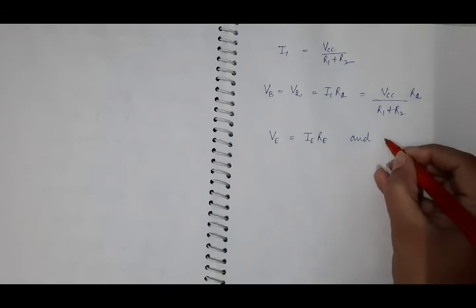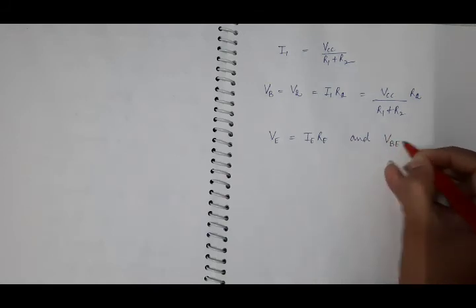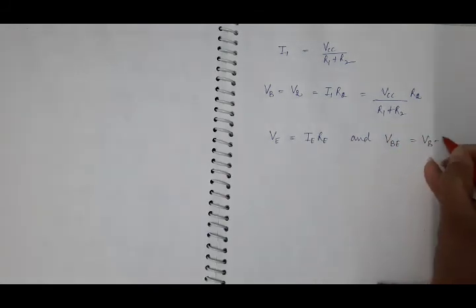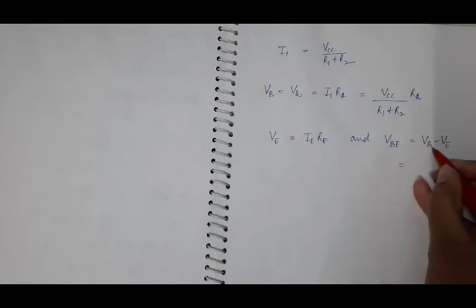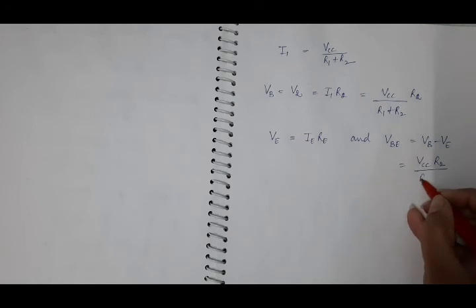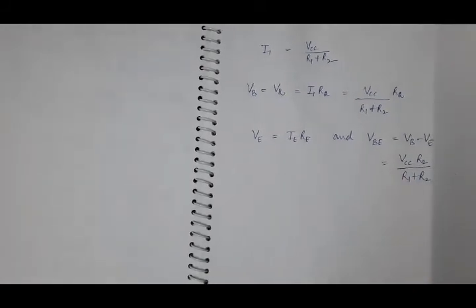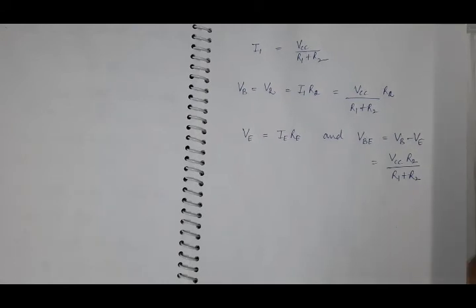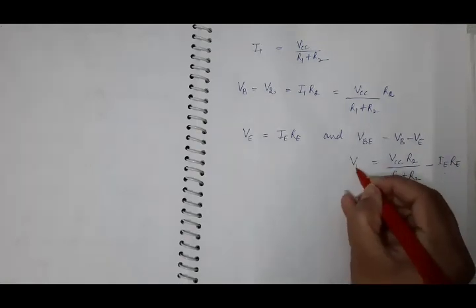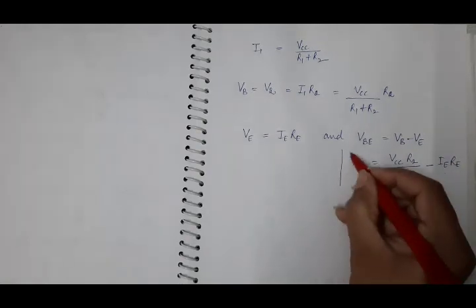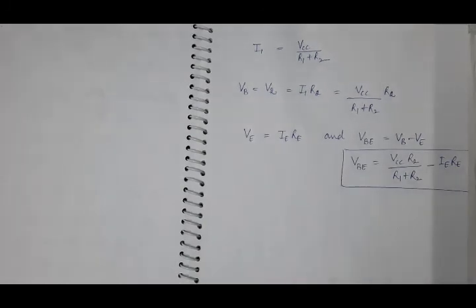To keep the base-emitter junction forward biased, we have VBE, which is VB minus VE. The value of VB is VCC R2 upon R1 plus R2, which will be adjusted by changing the values of R1 and R2 in the voltage divider network, minus IE into RE. This is the equation which will keep the base-emitter junction forward biased.